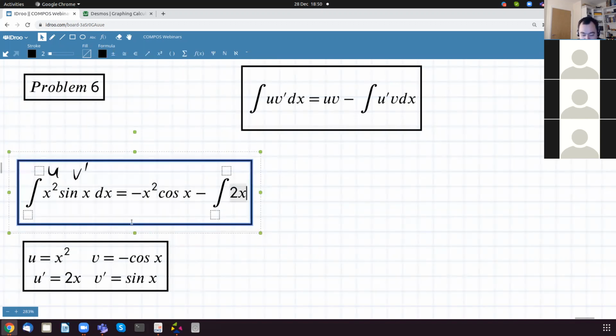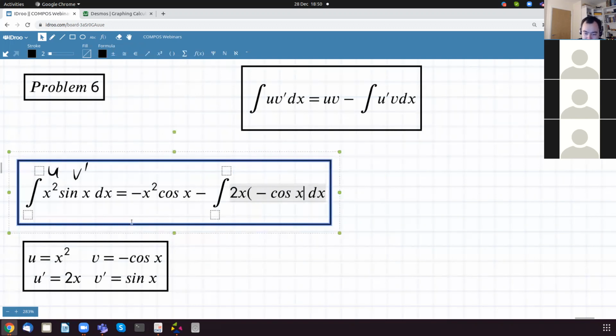So again, minus cos x dx. I'll leave the minus here just for the sake of it, and that is equal to something.